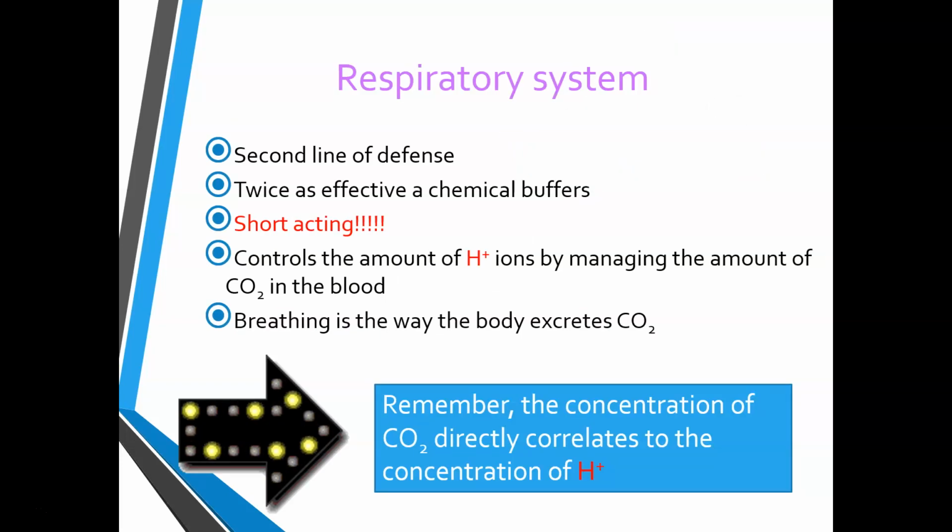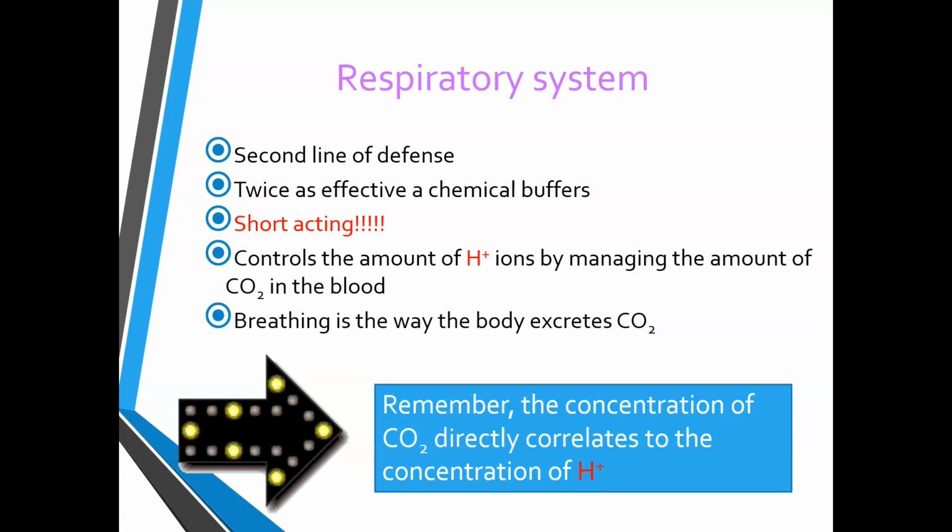Our second line of defense that we're going to talk about is the respiratory system. It's twice as effective as a chemical buffer, but it's short-acting. It controls the amount of hydrogen ions by managing the amount of CO2 in the blood, and breathing is the way the body excretes the extra CO2.